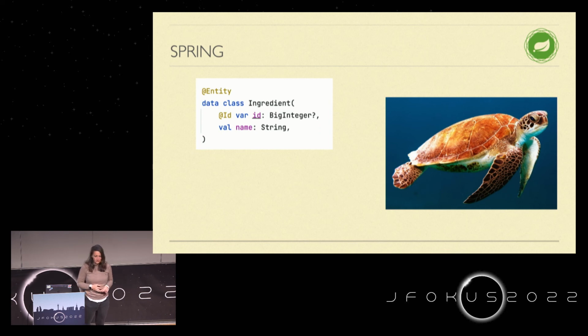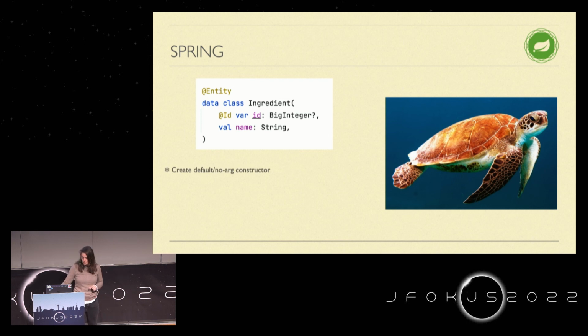So this is how an entity class will look. It's a data class, so in your codebase it will just look like a data class with one single constructor. Having a nullable ID, because your ID, if you insert your entity for the first time, will be null, of course, and will be set afterwards. But you can still use your immutable properties like name here.